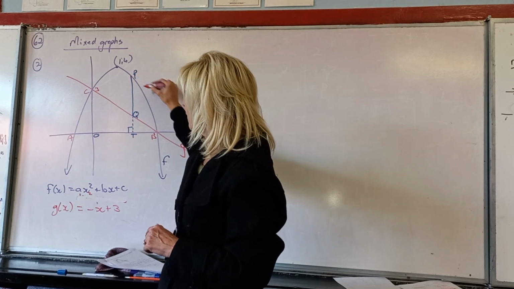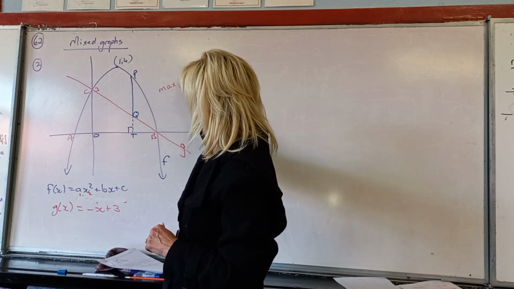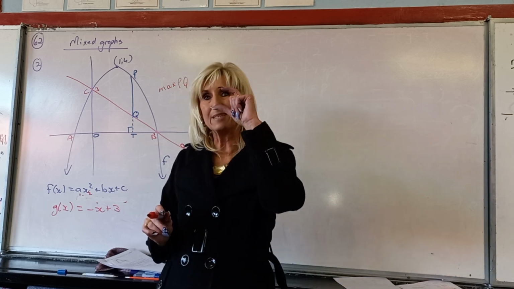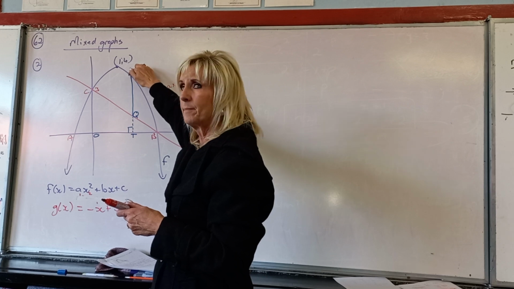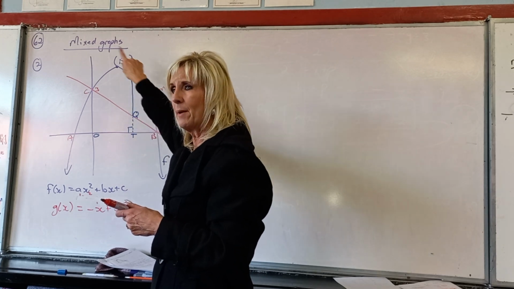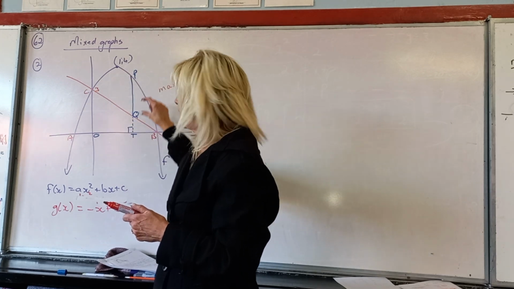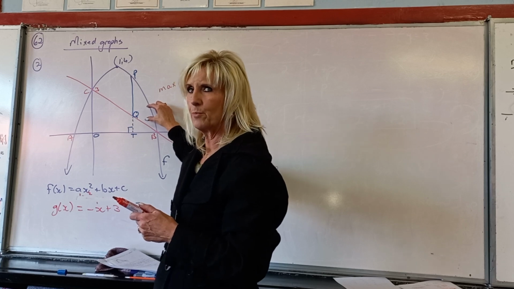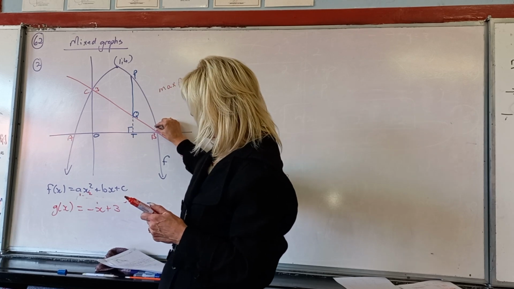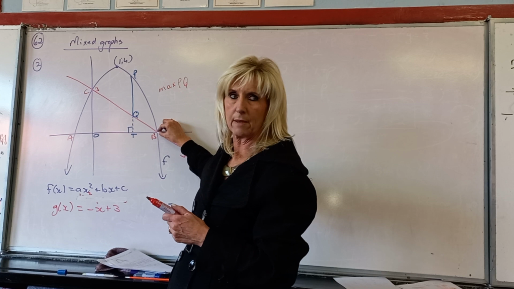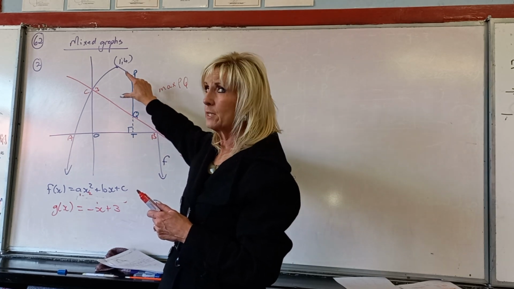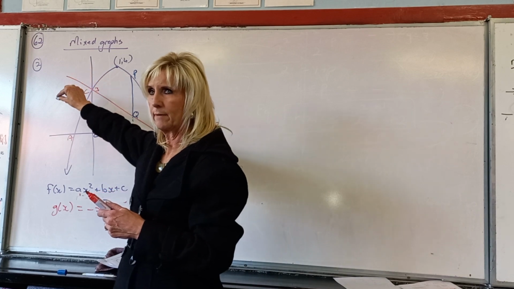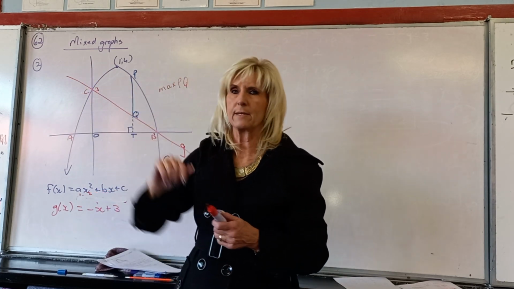Then I've got to go find the maximum value of PQ, the maximum distance of PQ. So in other words, the distance between the parabola and the straight line is going to vary from point to point, right? Over here it's going to be less. On B it's going to be nothing because they're equal. Then the distance is going to be bigger, bigger, bigger, and somewhere it's going to get smaller, smaller, smaller again. They want to know where's the max.